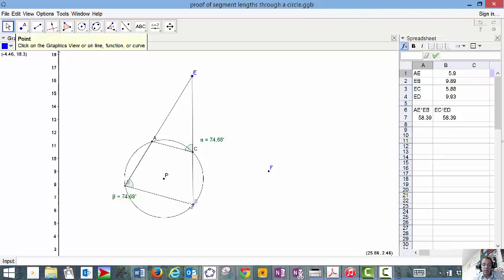A similar argument can be made to prove that this angle down here, this angle D, is congruent to angle EAC. Given that fact, that means that this triangle and this triangle are similar. They're similar by angle similarity.